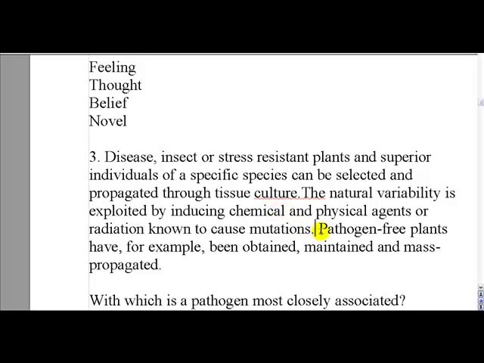Then you have pathogen-free plants have, for example, been obtained, maintained, and mass propagated. So it says pathogen-free. It means free of pathogens. And pathogens, I think, have to do with physical agents, maybe, or radiation or chemical type things, which can cause mutations. So obviously we don't want plants to have these kinds of mutations.